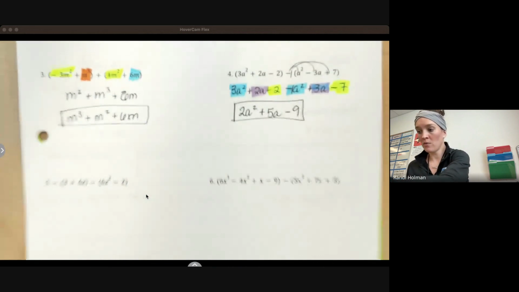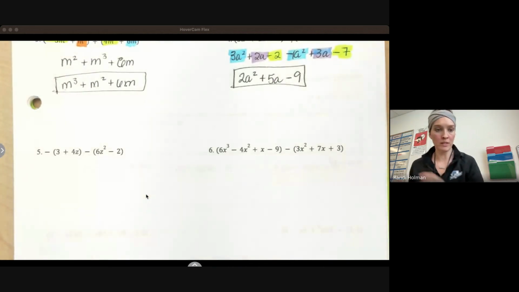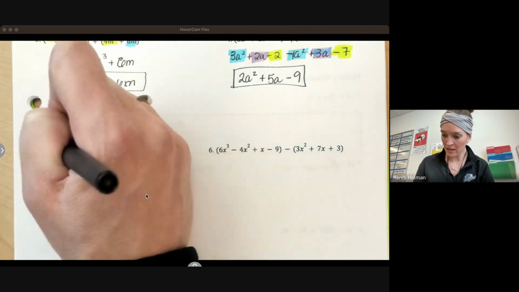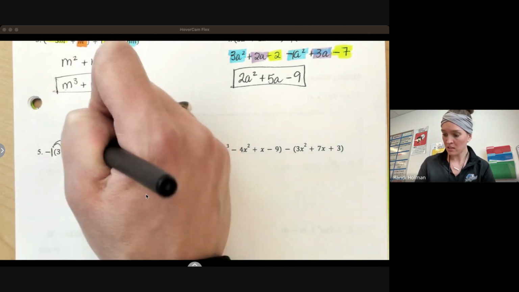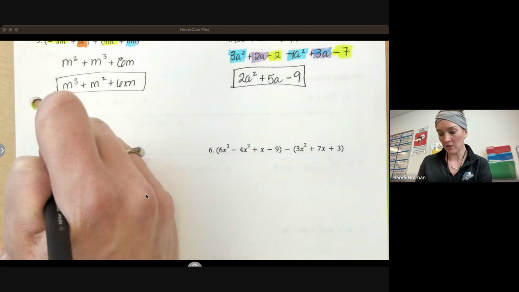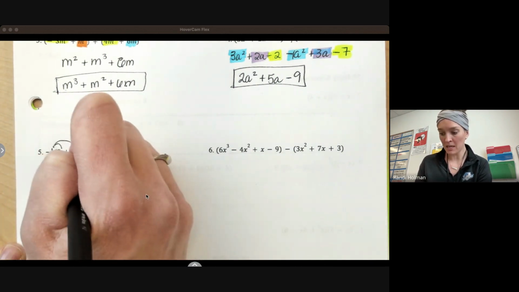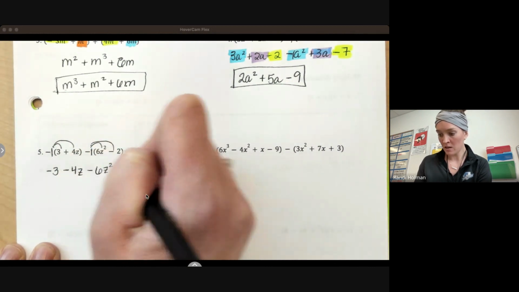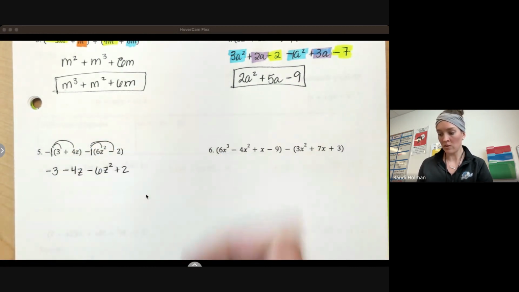Hey, this guy here, we have multiple negatives, so make sure you think of this as -1 and distribute that before you simplify by combining your like terms. So -3 minus 4z minus 6z squared plus 2.